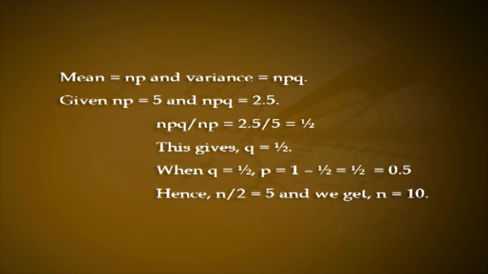Given n p equal to 5, and n p q equal to 2.5. n p q divided by n p equals 2.5 divided by 5, that is 1 by 2. This gives q equal to 1 by 2. When q equals 1 by 2, p equals 1 minus 1 by 2, that is 0.5. Hence, n by 2 equals 5 and we get n equal to 10.